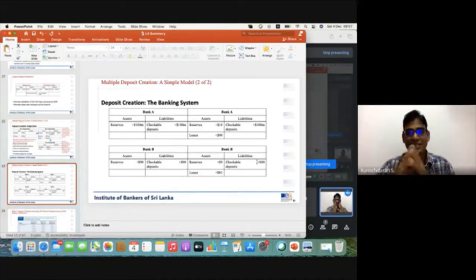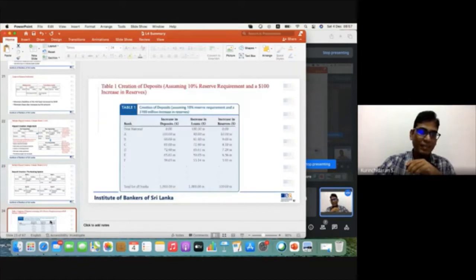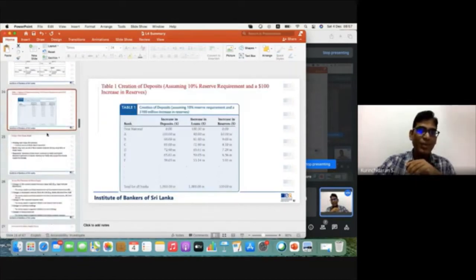Within the banking system, even though the central bank issued only 100 million, the banking system creates a multiple of that amount. So this is deposit creation, right? Here you can see easily in this table what will happen overall.